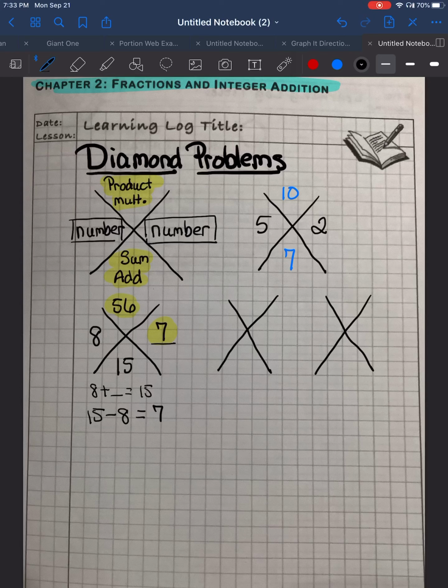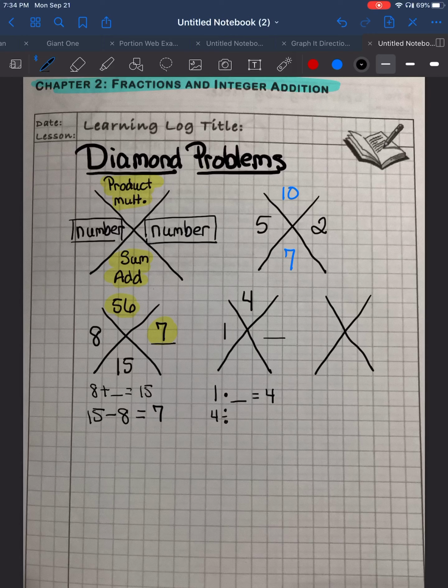All right, so what if we have 4 here and 1 here, for example, and we have to find the number again. And once we know that number, we can add them together to get the number on the bottom. Okay, well, change my color this time. So this time I know that 1 times something equals 4, right? Because we multiply the two side numbers together to get the number on the top. Well, the opposite of multiplying is dividing.